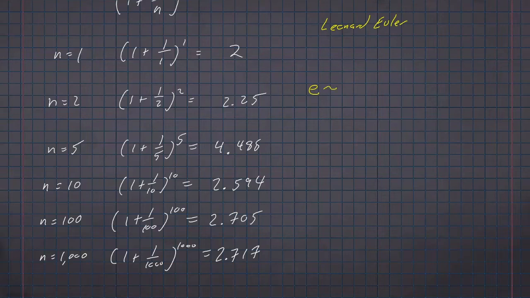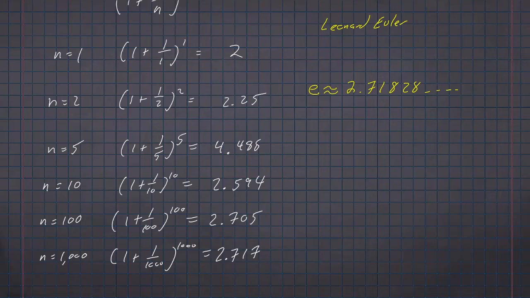And it is an irrational transcendental number, much like pi. Its decimal approximation continues onward without repeating, but it starts off 2.71828 and continues from there.